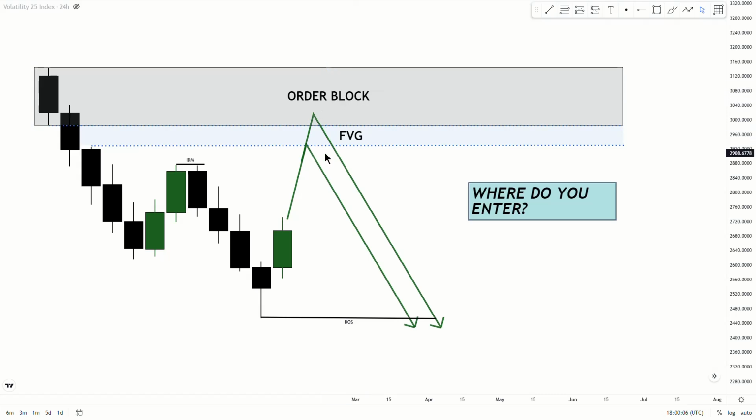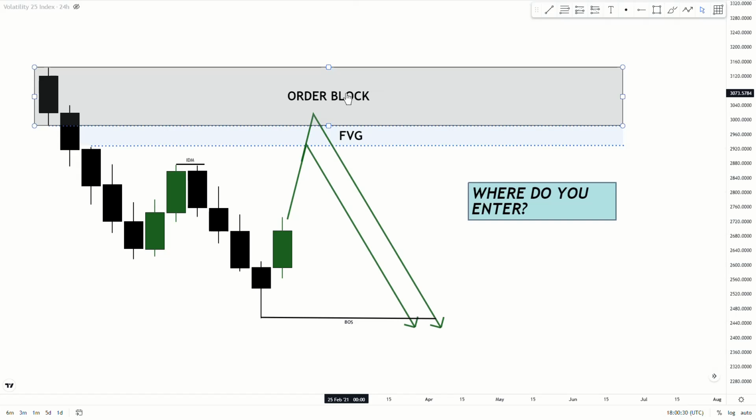The risk is also bigger when you're entering in the fair value gap, especially if you don't know trade management, compared to the trades that you are going to take in the order block.